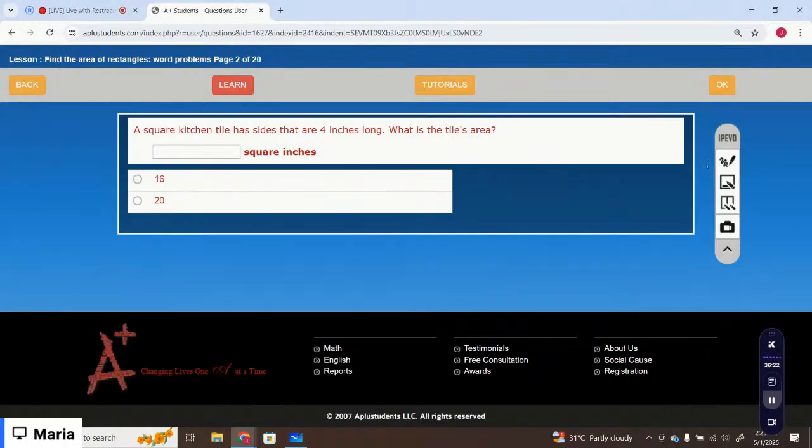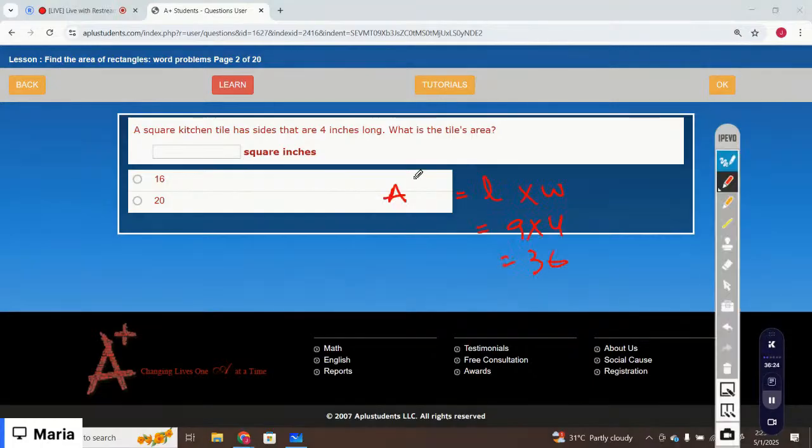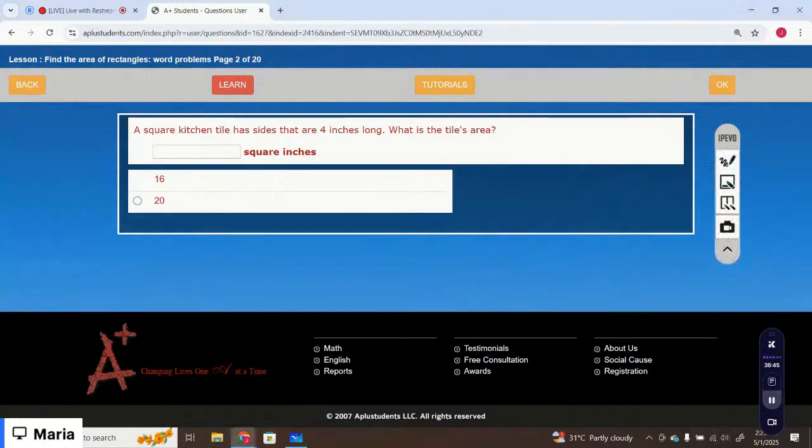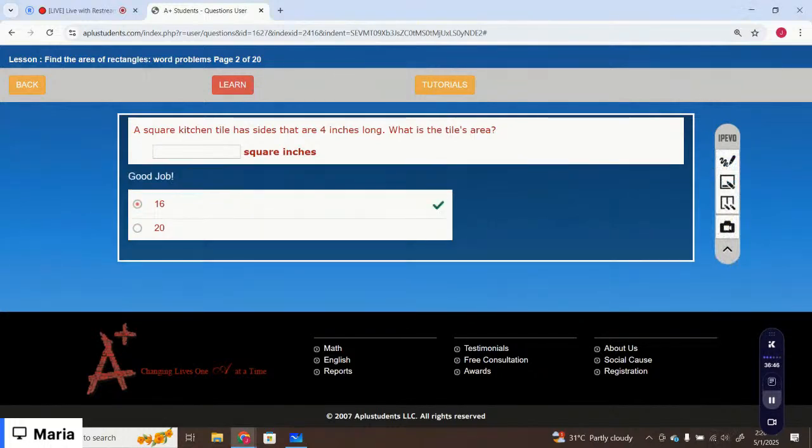So the area of the square is 4 times the side length, because a square has all 4 sides equal in measurement. Just do 4 times 4, that equals 16. Option number 1 is the correct option, that is 16 square inches.